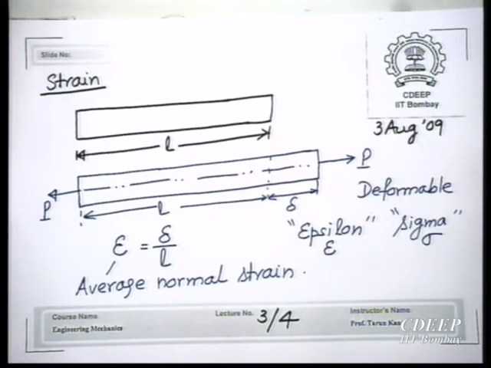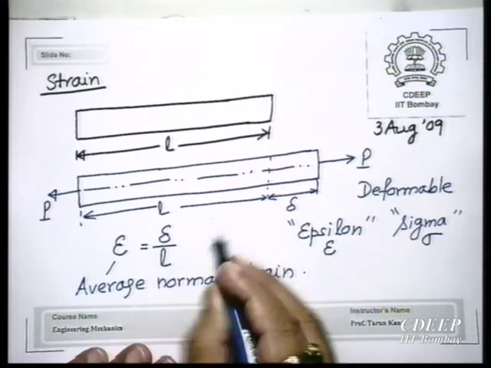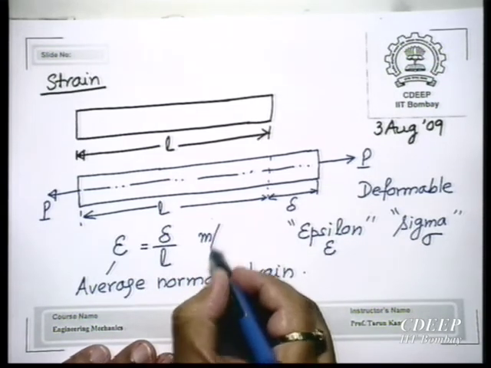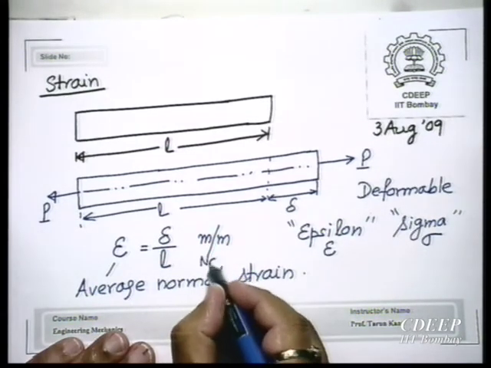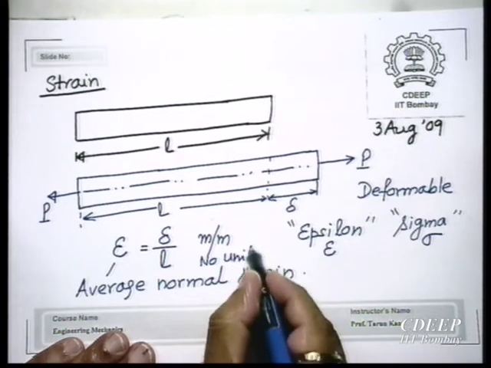Change in length per unit length is meter divided by meter, so it is unitless, it has no unit.